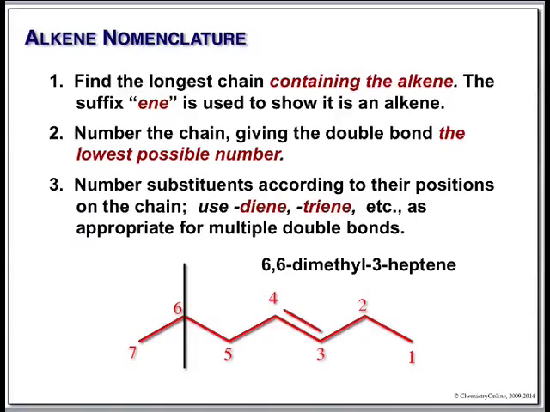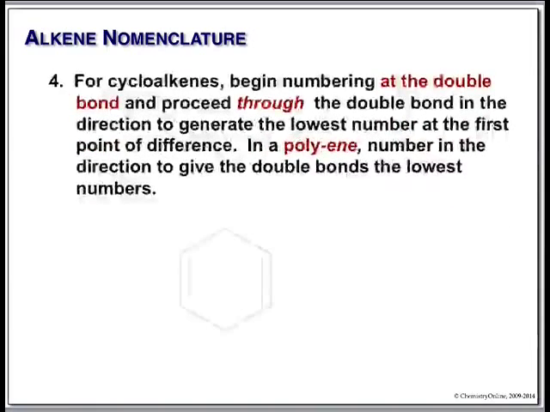Now we also learned how to name cycloalkanes. If we have a cycloalkene, the rule is that we're going to start at one of our double bond carbons. And we're going to proceed numbering through that carbon.